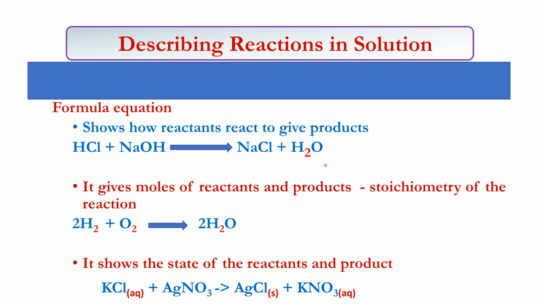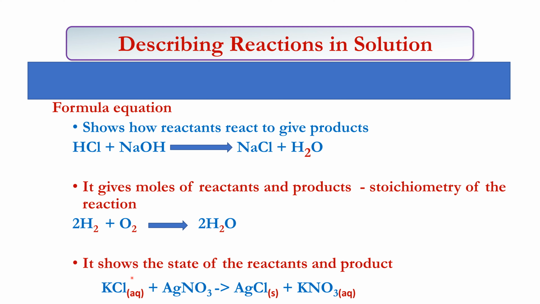Formula equation also gives us the number of moles of reactants and products. For instance, in this equation, it shows us that 2 moles of H2 reacts with 1 mole of O2 to form 2 moles of water. Formula equation also shows us the state of the reactants and products.